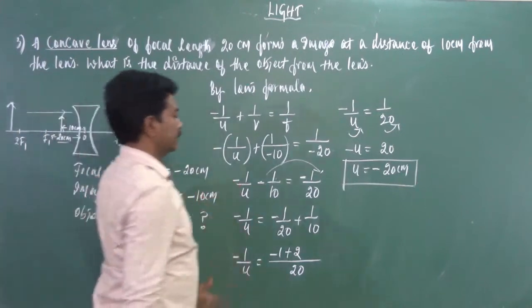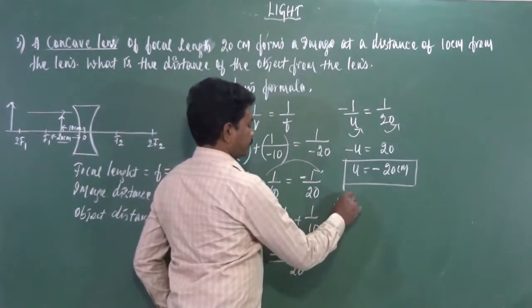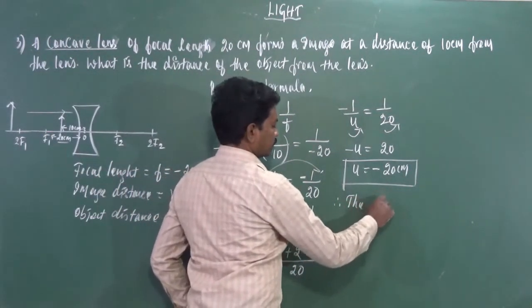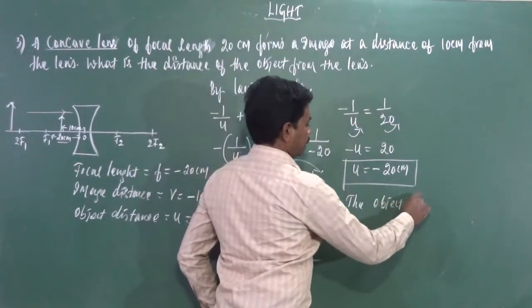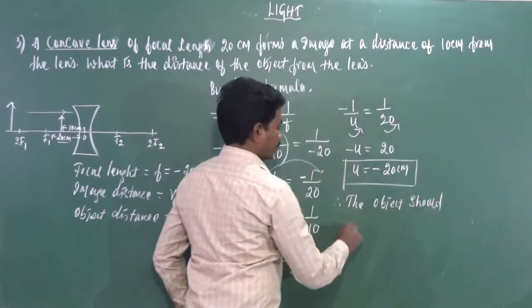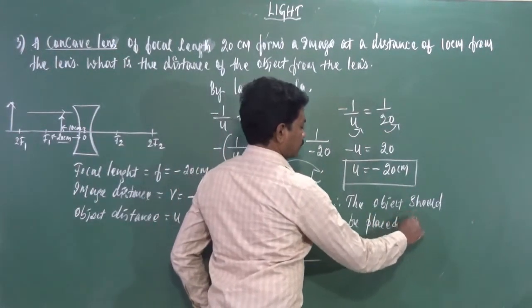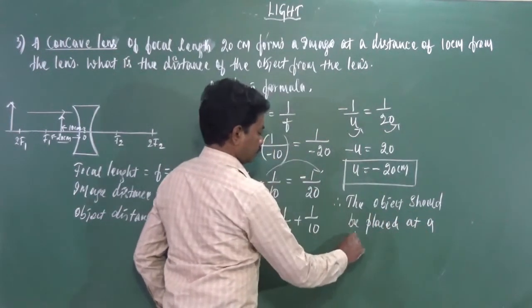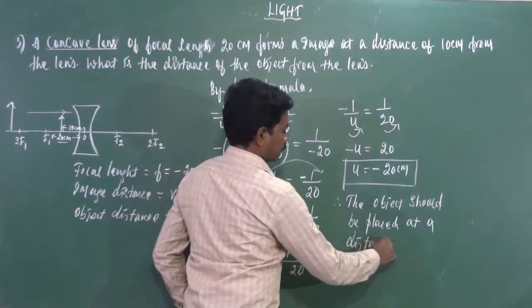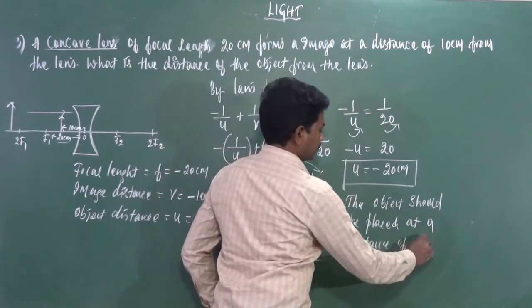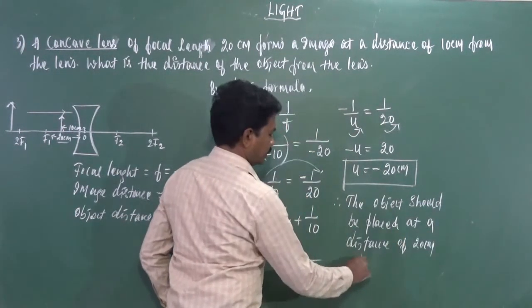So you have to write the statement. Therefore the object should be placed at a distance of 20 centimeters from the lens.